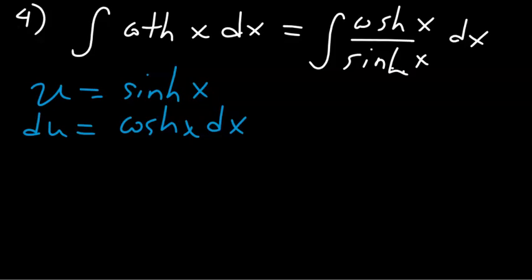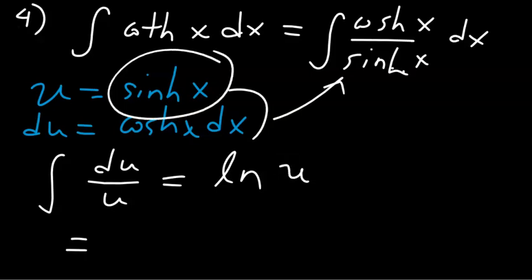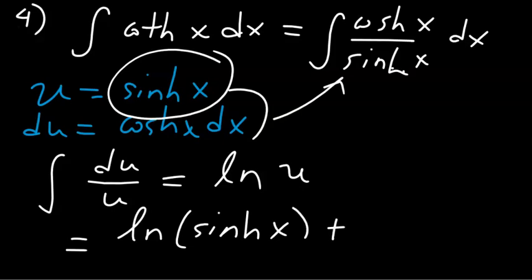So let's put all this inside there, and you get an integral in terms of u in the following manner. And this is again natural log of u, putting back the expression for u, which in this case is hyperbolic sine of x. You get natural log hyperbolic sine of x plus an integration constant, let's call it e. And that's the final answer.